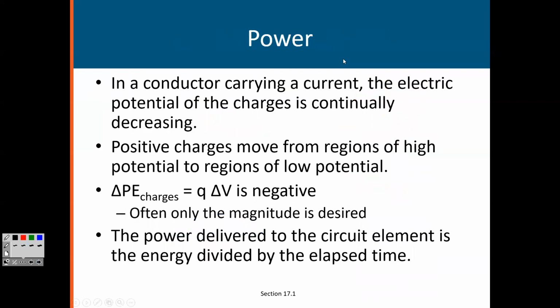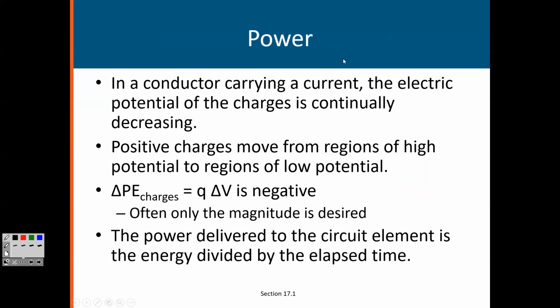Power. We can carry energy when the charge is flowing. As it moves, it can lose its potential energy. That potential energy can be given to the electric bulb, for example, as light energy. That's how we transfer electrical energy to other forms of energy.